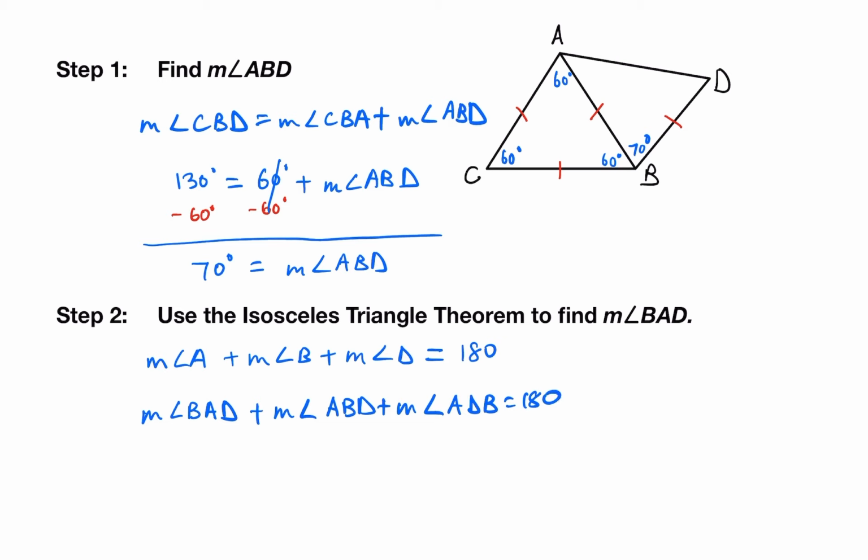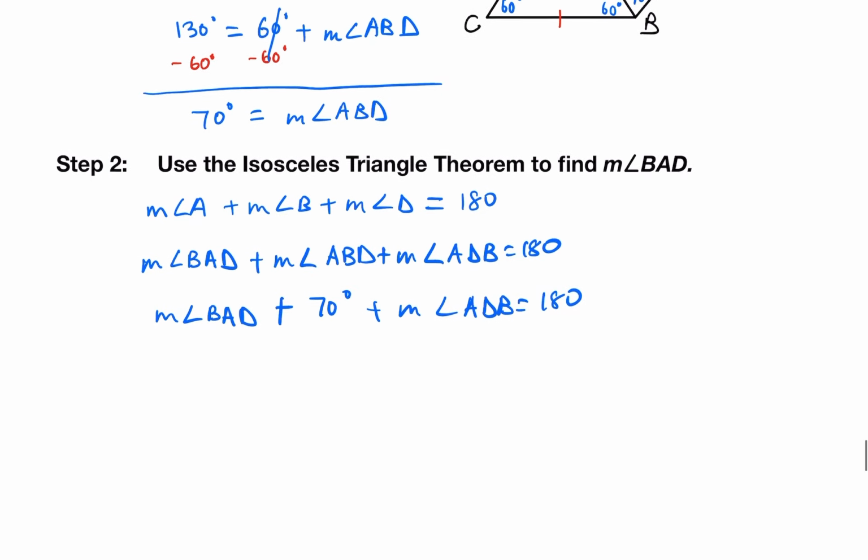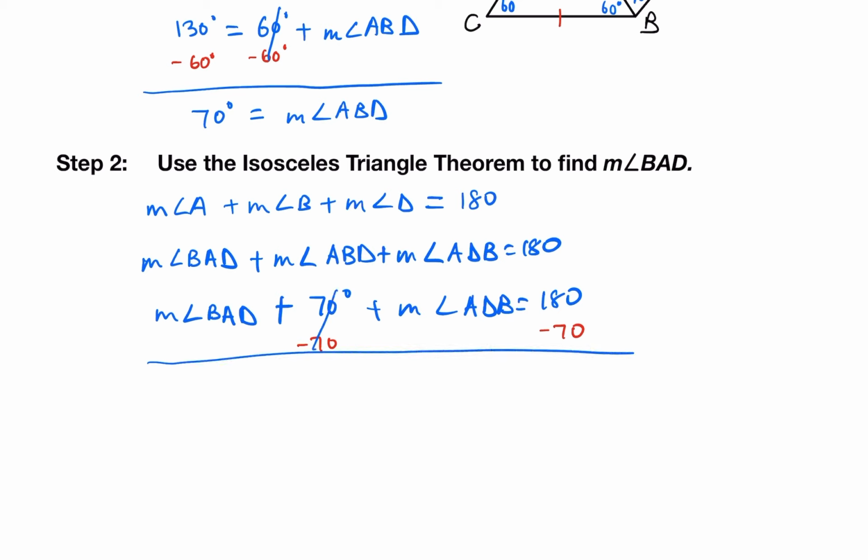We solved for angle ABD; it was 70, so we can replace that with 70. The measure of angle BAD plus 70 plus the measure of angle ADB is equal to 180 degrees. If we subtract 70 from both sides, this cancels out, and the measure of angle BAD plus the measure of angle ADB is equal to 110 degrees.